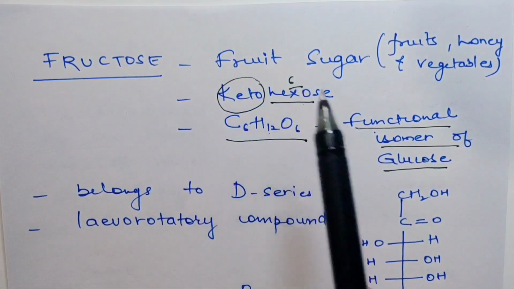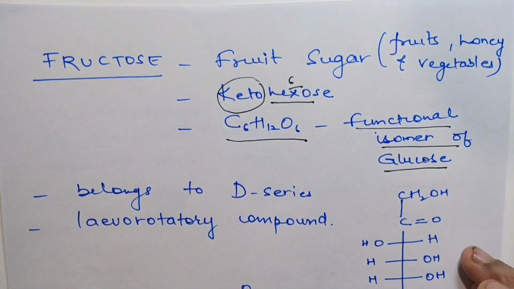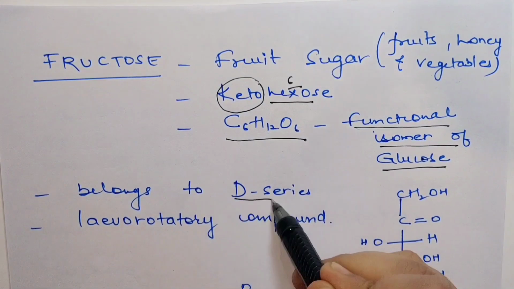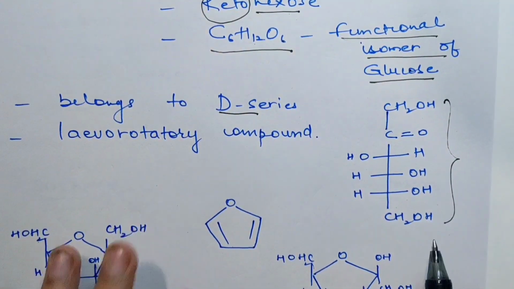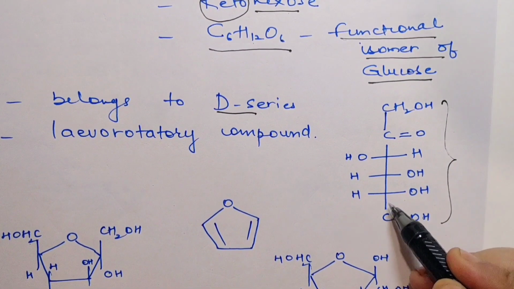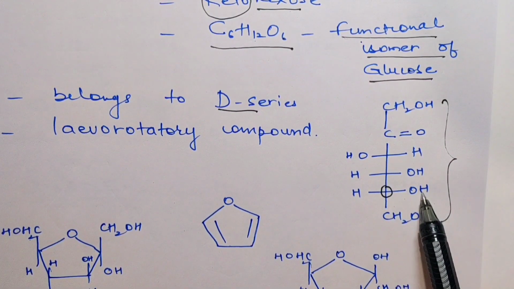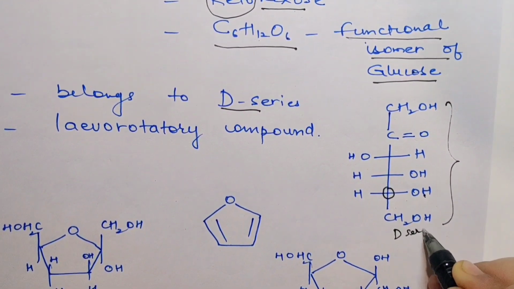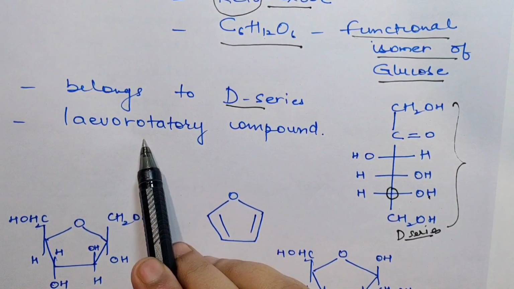Fructose is your fruit sugar. It's the sugar found in fruits, honey, and some of the vegetables. It belongs to the D series. That means if this is the open chain structure of fructose, the lowest asymmetric carbon has OH on the right. That is why it belongs to the D series. But it's levorotatory.